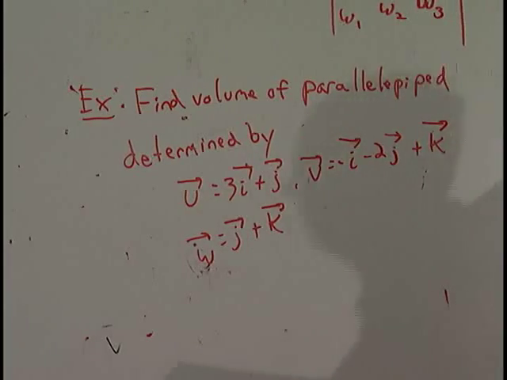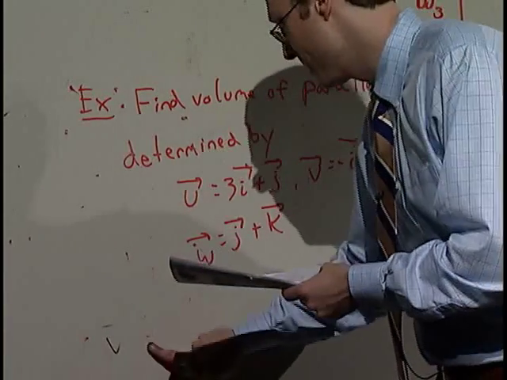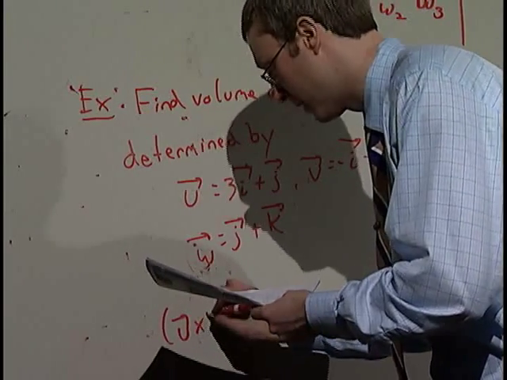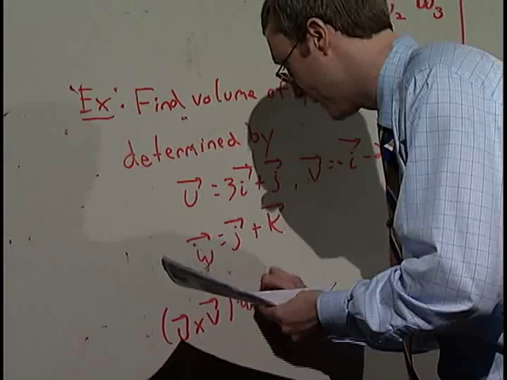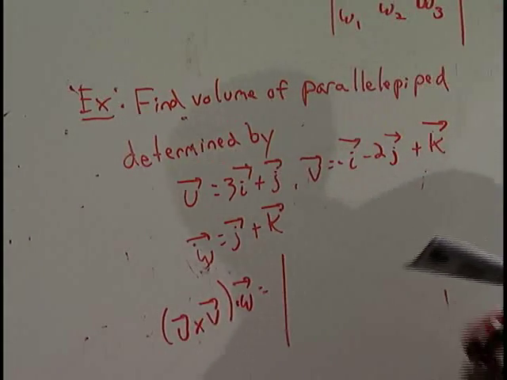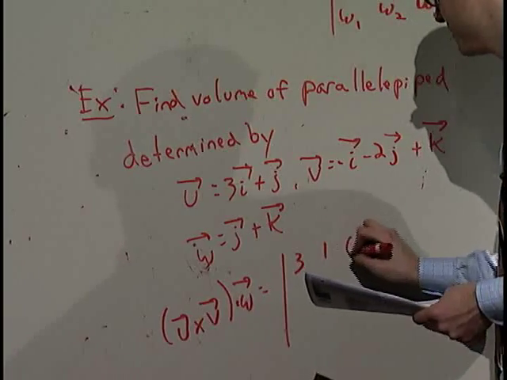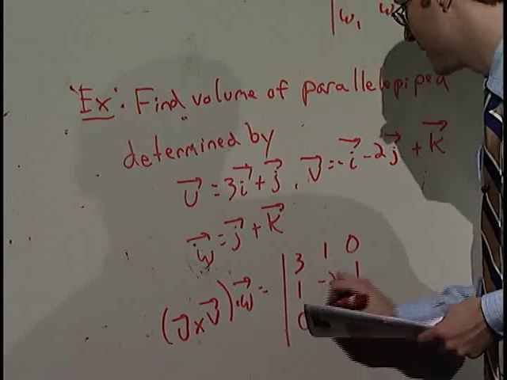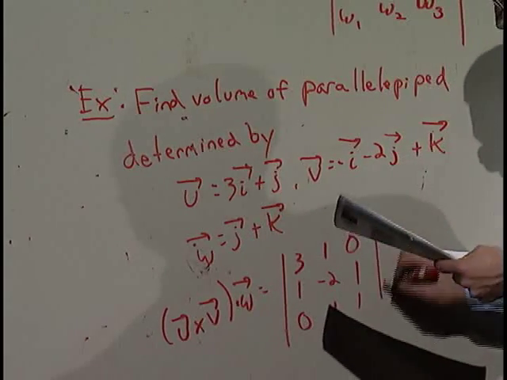So we're doing a 3 by 3 determinant here. U cross V dot W is equal to, fill in the coefficients, 3, 1, 0, then negative 1, negative 2, 1, then 0, 1, 1. That's what I've got.